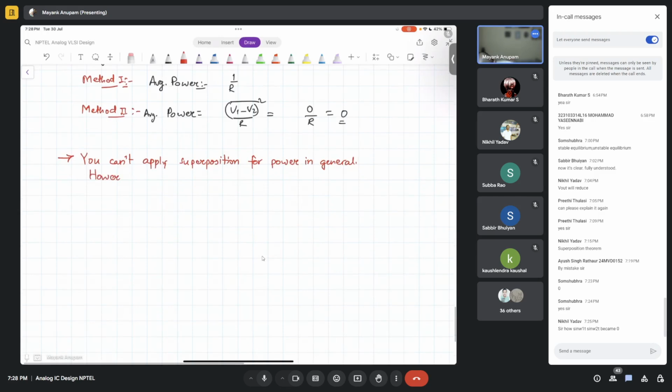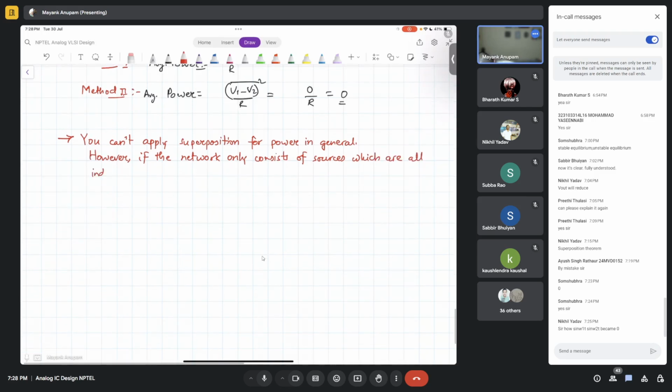However, if the network only consists of independent sources operating at different frequencies, then superposition will be valid for power.